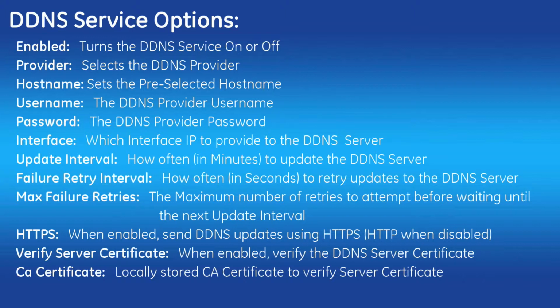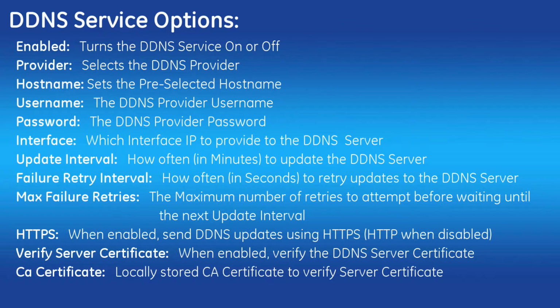Then we have the failure retry interval, and this is how often in seconds to retry updates to the DDNS server in case there's a failure. Then the max failure retries is the maximum number of retries to attempt before waiting until the next update interval. The HTTPS checkbox, when enabled, sends DDNS updates using HTTPS instead of HTTP.